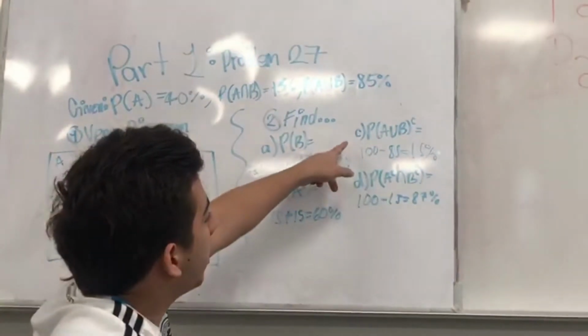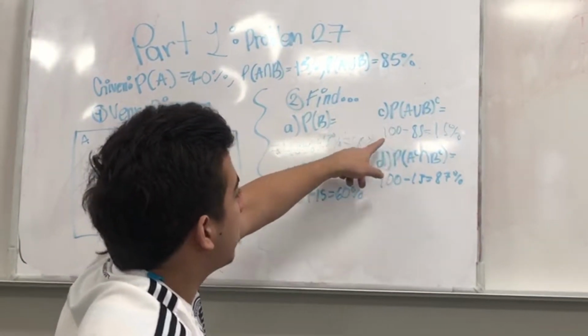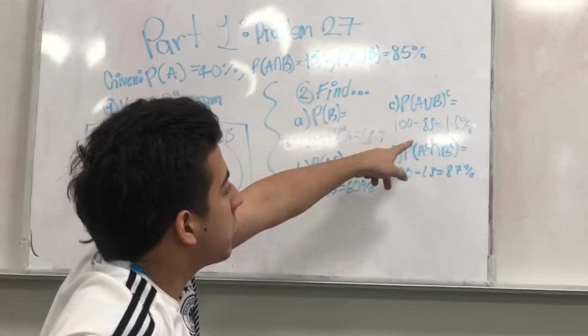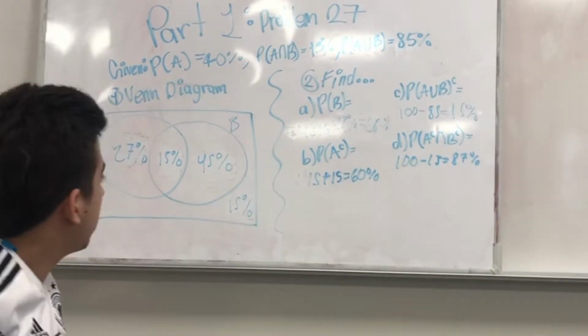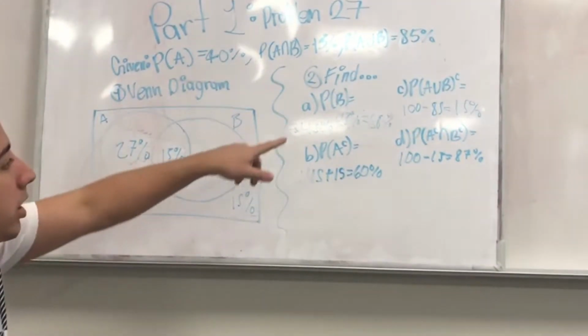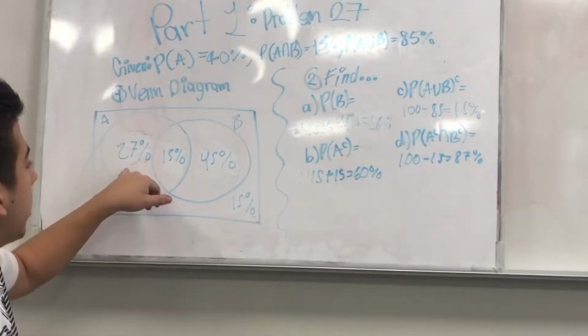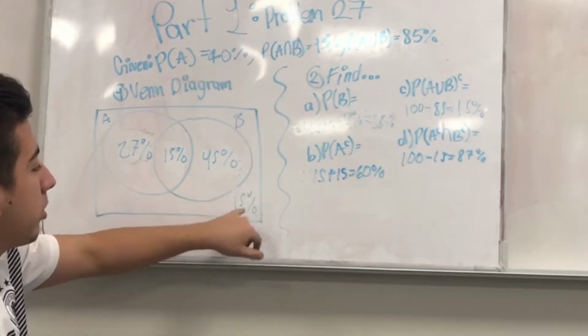So the probability of A or B, its complement, we have to do 100, which is the total, minus 85, and that will give you 15%. So to get the 85, we added this plus this plus this, and it will give you the 15%.